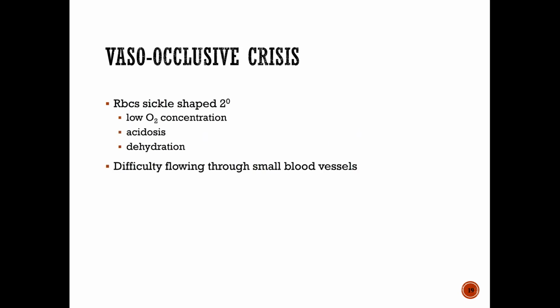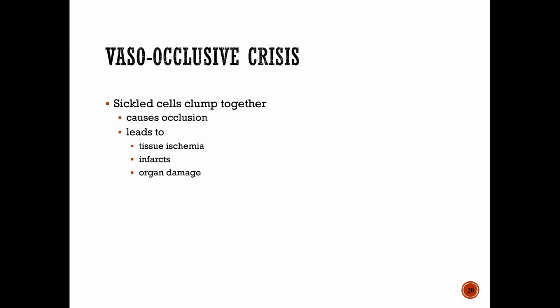Their red blood cells are sickle-shaped, and so secondary to that, they're going to have low oxygen concentration, they're going to have acidosis, and they're going to be severely dehydrated. And the blood has difficulty flowing through small blood vessels because of the shape. The sickle cells also tend to clump together, which causes the occlusion, which can lead to tissue ischemia, infarcts, and organ damage.